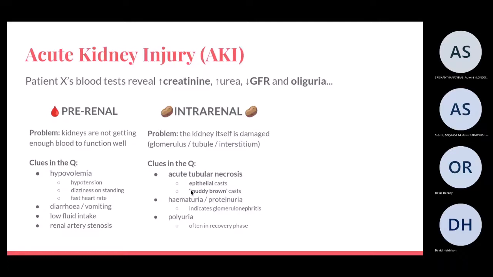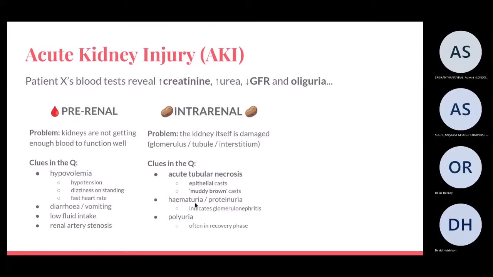If you ever see muddy brown casts, either in real life or an exam question, that is by default definitely acute tubular necrosis. That is just these tubular cells lining the tubule that have died and slid all the way down the tubules into the urine, and you get this muddy brown cast in the urine.